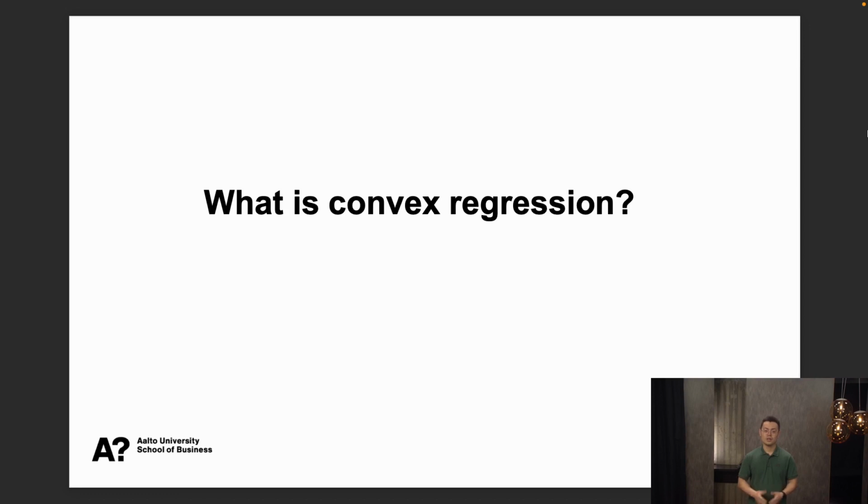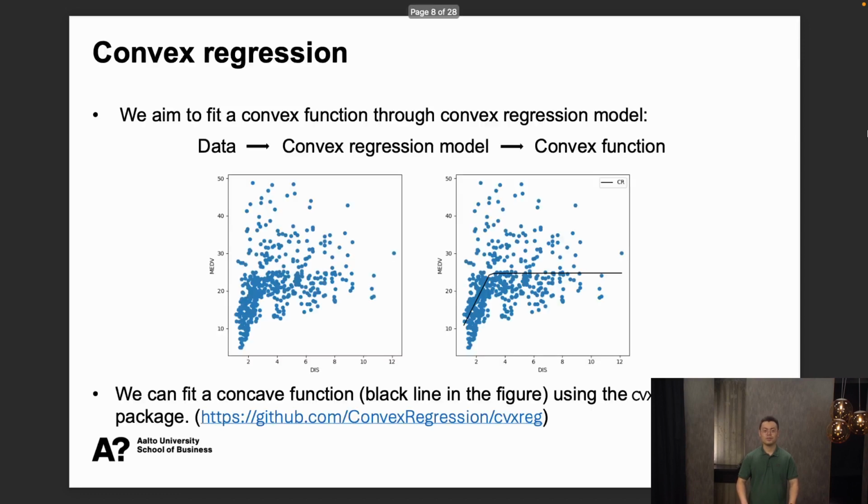So, what is convex regression? Basically, convex regression is also a regression problem, but we aim to fit a convex function through the convex regression model. The process is, at first, we also need some data, and we need a convex regression model. Then we can learn a convex function from the data by using the convex regression model.